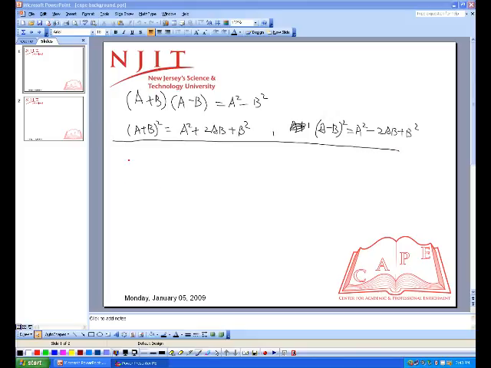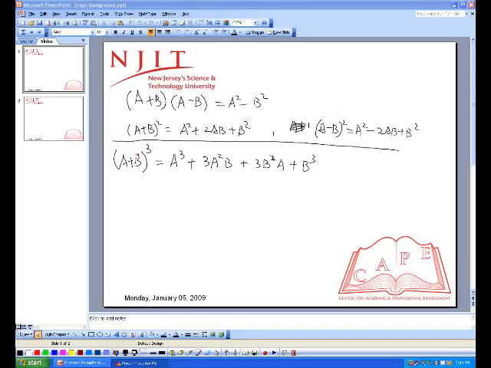So this is the formula for a plus b cubed. That is equal to a cubed plus 3a squared b plus 3b squared a plus b cubed.